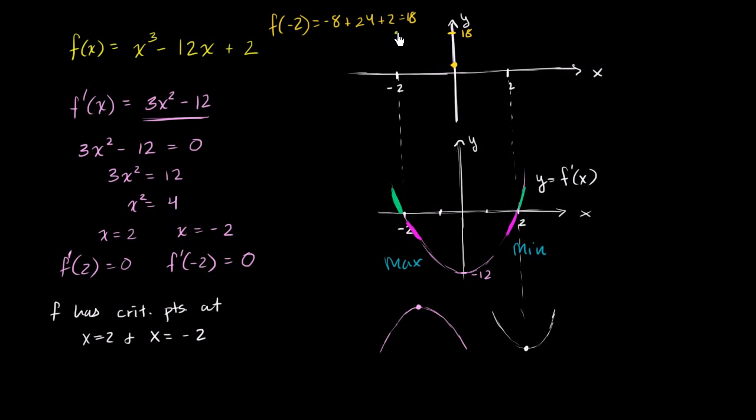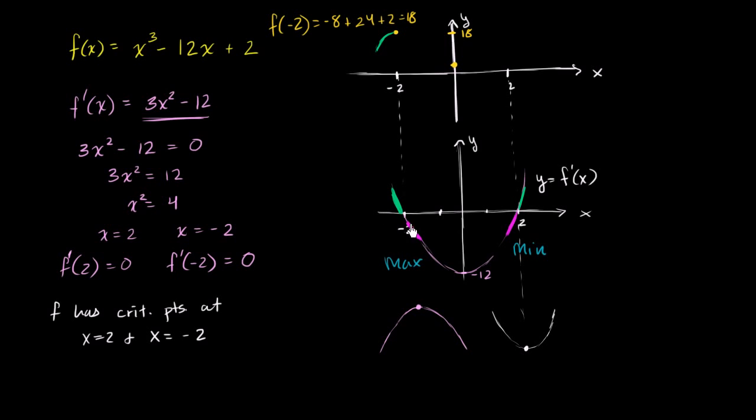So this is the point negative 2, comma 18. And we know that it's a maximum point. The derivative going into that point is positive. So we are increasing. The slope is positive. And then after we cross that point, the slope becomes negative.